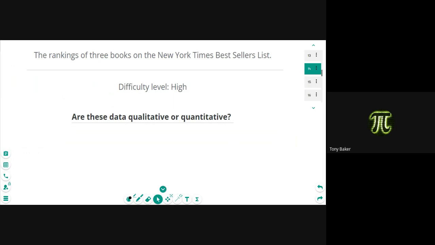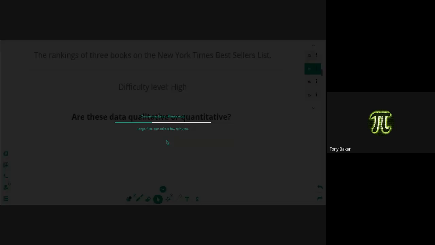Well, no, it's not that you can't measure it. It is a measurement. But subtracting the ratings of 2 books doesn't give you anything, right? So that's why it's qualitative. So I got that right? Yeah.